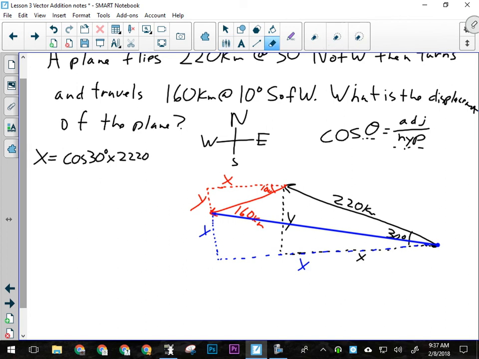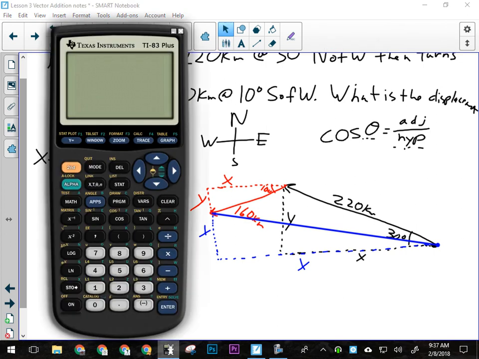Whoa. Okay, so black x is 190.5255. Okay, I'm going to keep all those numbers in the calculator. I'm going to round off on the board here, but I'm going to keep all those numbers. Really important that we do, in fact, keep all those numbers.